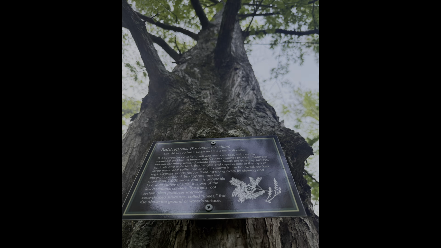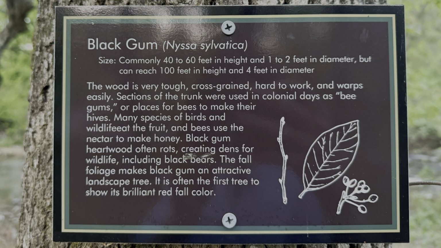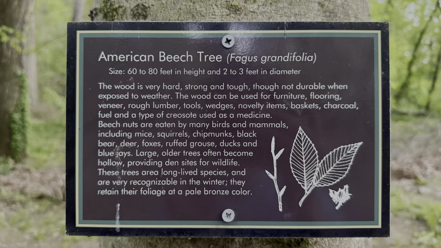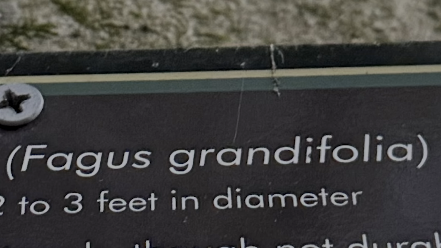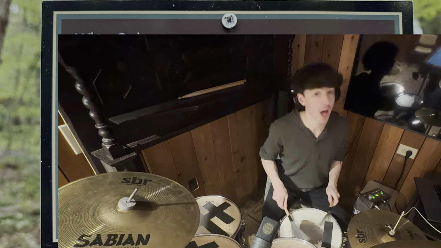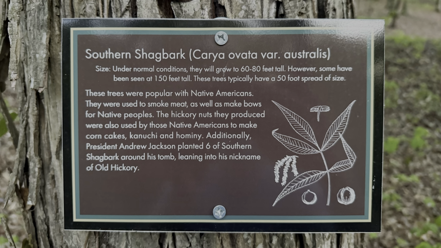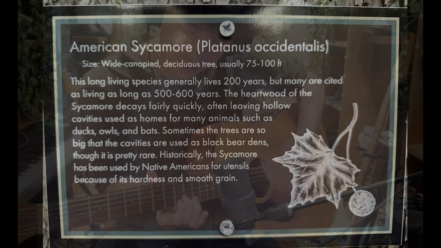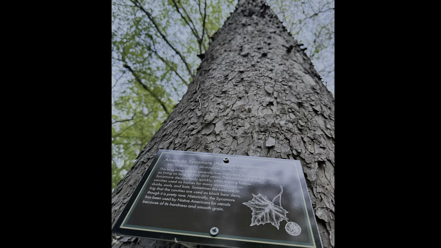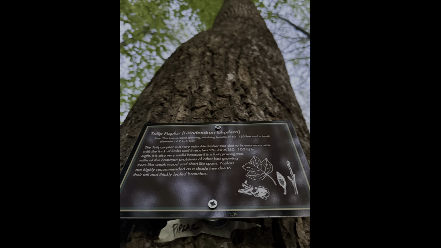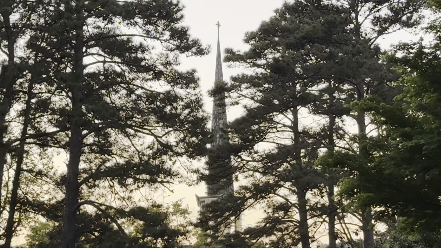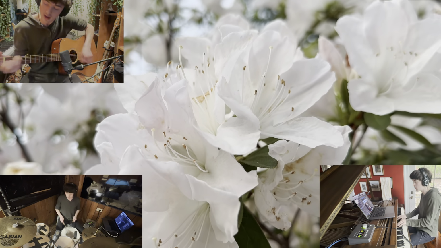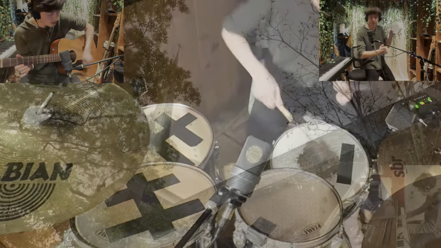Bald cypress, Nyssa sylvatica, American beech tree, Fagus grandifolia, white oak, Quercus alba, southern shagbark, Carya ovata var. australis, American sycamore, tulip poplar, Liriodendron tulipifera, and I somehow end up back at the spire of the church, and I see white azaleas growing in the golden lonely earth.